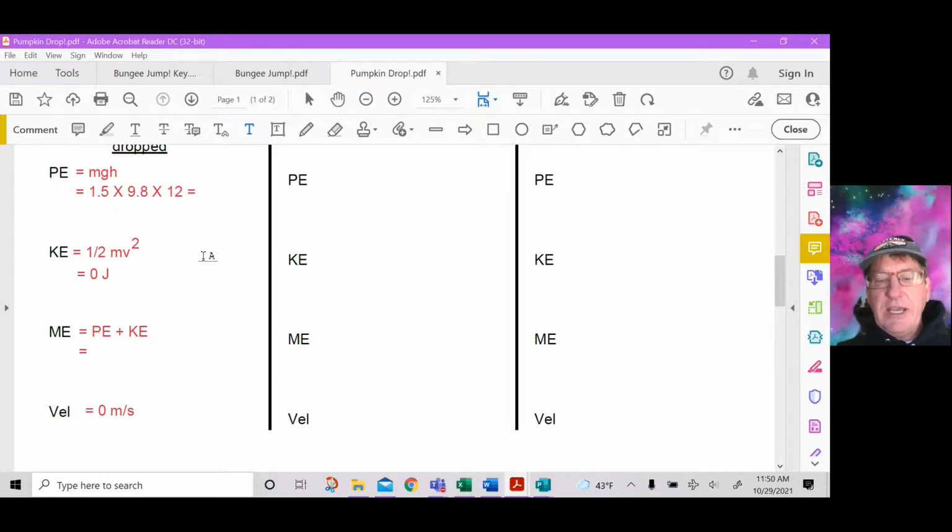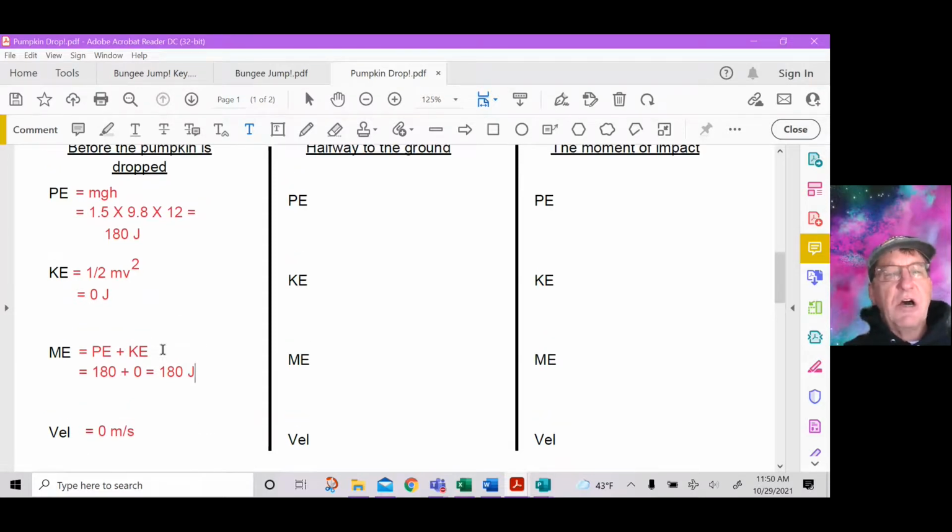So this isn't the answer, but it's close to this answer, 180 J, which means here I would have had 180 plus 0 equals still 180 joules, right? Now, the nice thing is because of the law of conservation of energy, we know that whatever we have here stays the same halfway to the ground and at the ground.